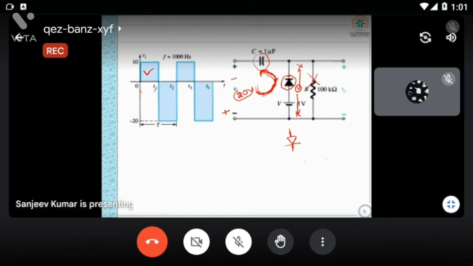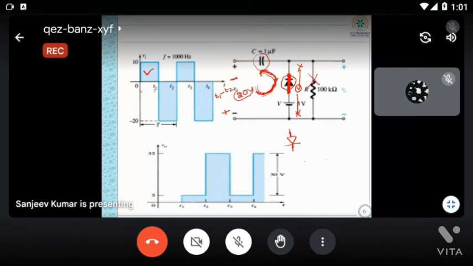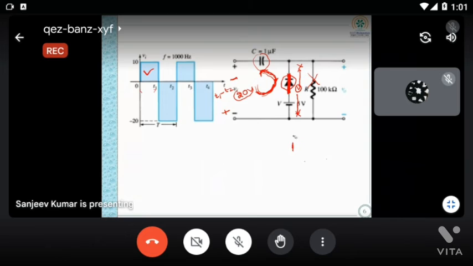During this T1 to T2 time period, minus 20 volt, minus plus, so this will act as a short circuit. What is the output you will get? 35 volt. How do you get 35 volt? 20 volt input, then 5 volt from 20 volt, 10 volt from capacitor and 5 volt there.